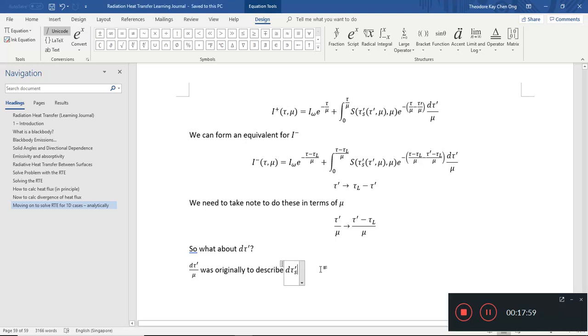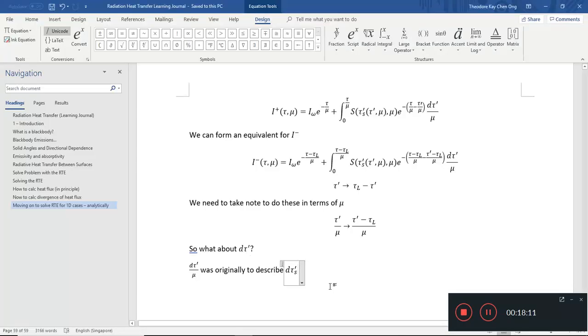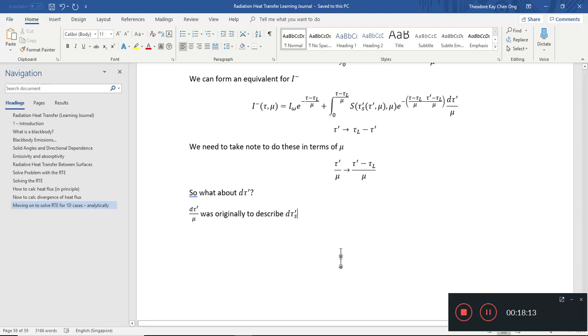D tau s prime is how this tau s actually changes. It describes how this tau s actually changes, and we need to integrate across this whole length. That's what the physical meaning is. So for a fixed mu, changing d tau prime will change d tau s prime.